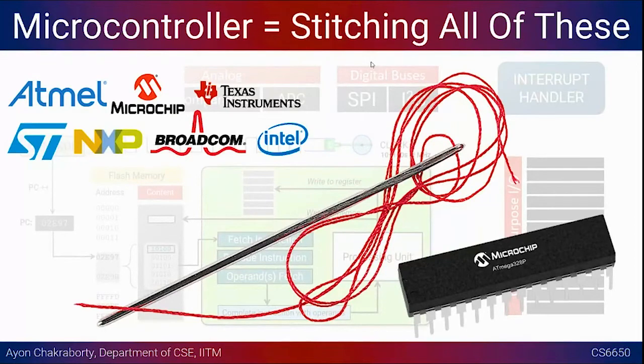And many of them follow very similar architectures. The ARM instruction set is one of these. Many of them just follow the ARM architecture. In our case, with Atmel, it is the AVR architecture. The philosophies, as I told you, don't change much.